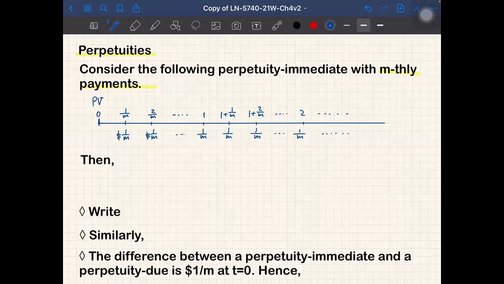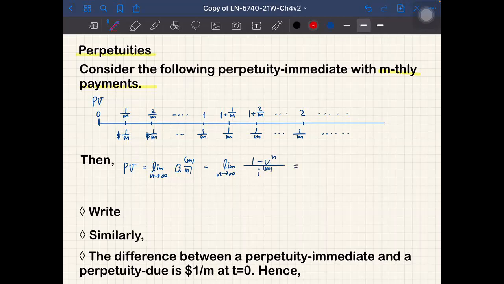This time we can just take the limit. So the present value is the limit as n goes to infinity of a angle n superscript m. So this is the limit as n goes to infinity of 1 minus v to the nth power over i superscript m.